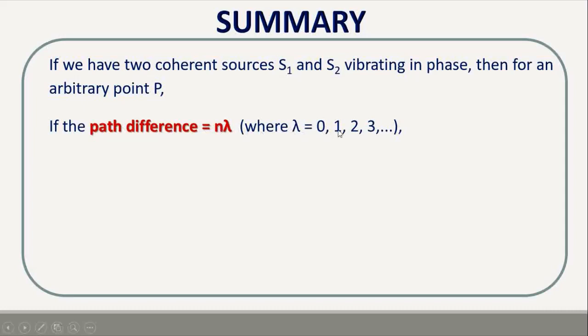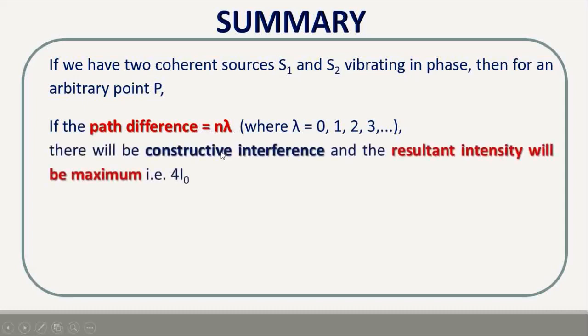If you put n as 1, then path difference becomes lambda. If you put 2, then path difference is 2 lambda, and so on. So if the path difference is an integral multiple of wavelength, then there will be a constructive interference and the resultant intensity is always maximum, that is equal to 4I0.